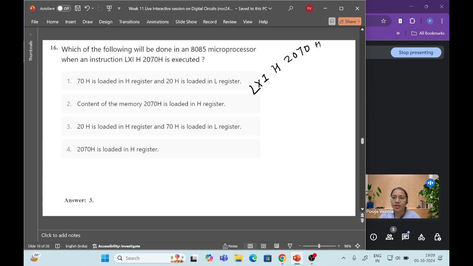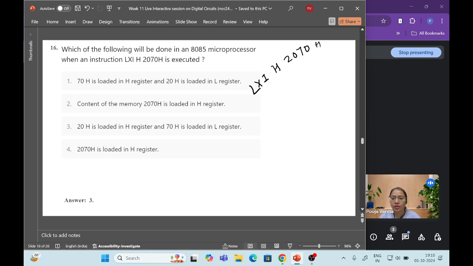Option 1 is 70H is loaded in the H register and 20H is loaded in the L register. Option 2 is the content of memory 2070 is loaded in the H register. Option 3 is 20H is loaded to the H register and 70H is loaded in the L register.